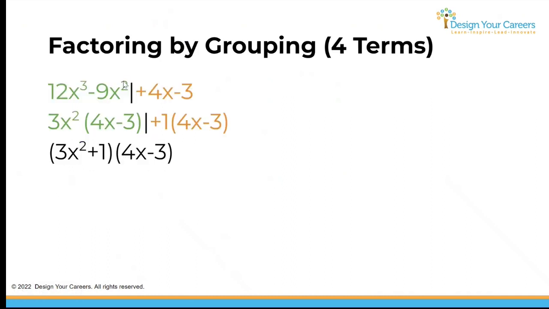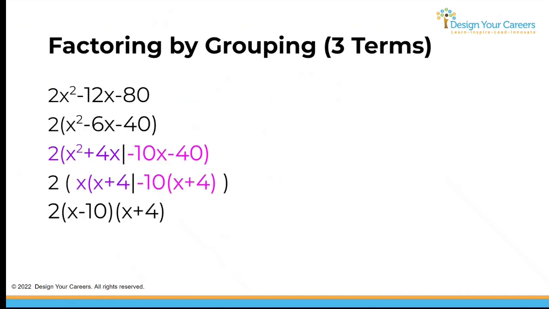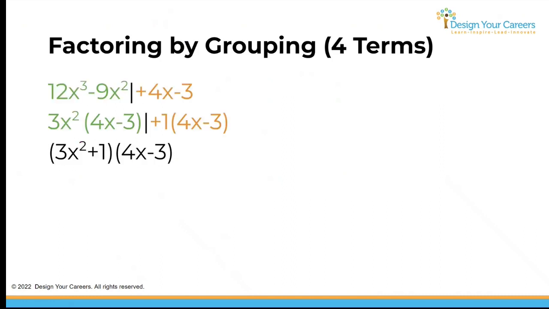Keep in mind that when you split that second term in half, the sign and the exponent on the variable should be exactly the same for those two. Anyways, moving back to factoring by grouping with 4 terms.